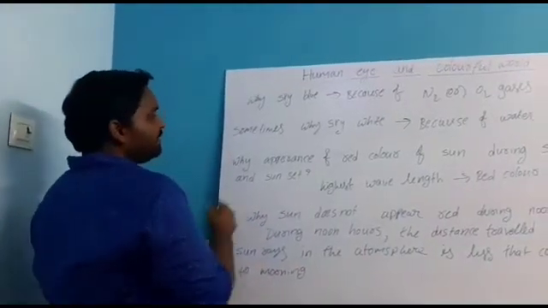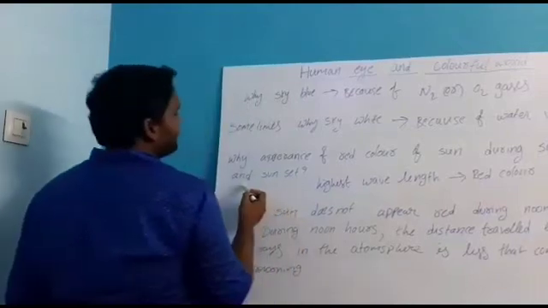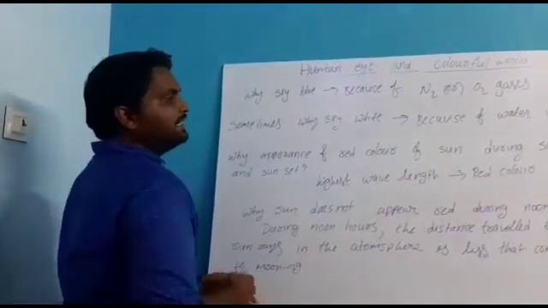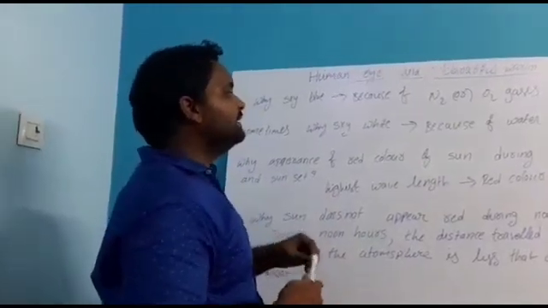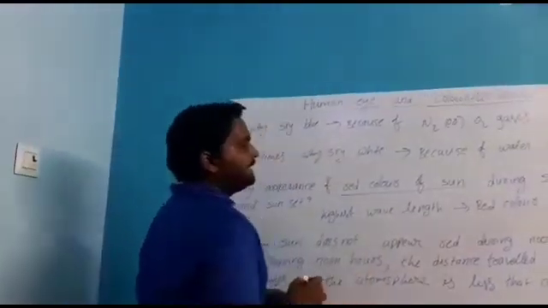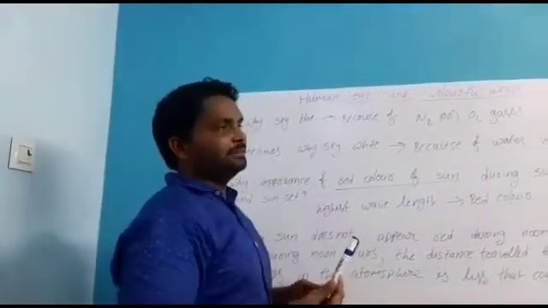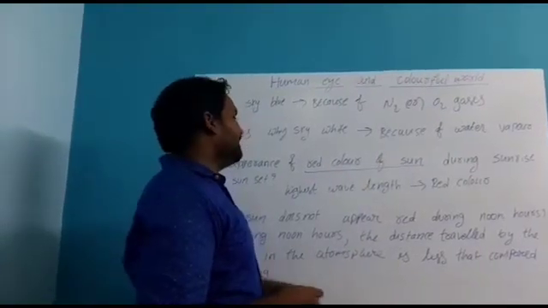Next, the appearance of the red color of the sun during sunrise and sunset. At sunrise time and sunset time, we observe the sun in red color. Why is the sun red?